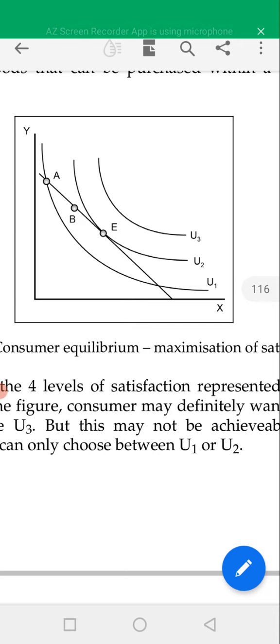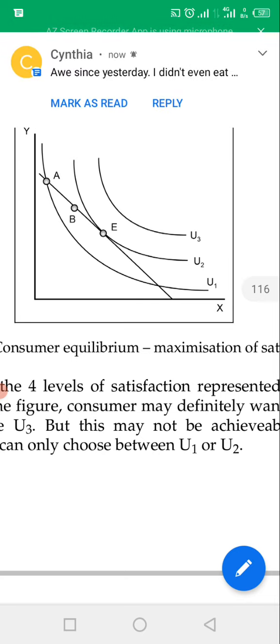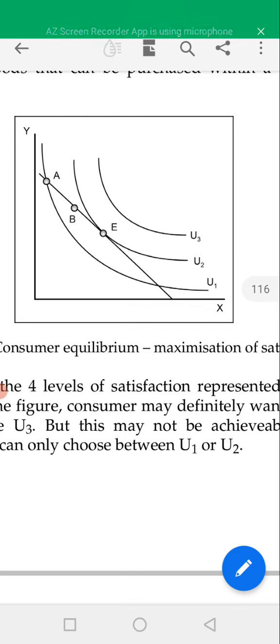So there are two conditions for consumer maximization, and I hope you can write these two points. The first condition for a consumer to be in equilibrium is that the consumer should spend all their income. In other words, the maximizing bundle that gives the consumer the maximum satisfaction should be on the budget line.